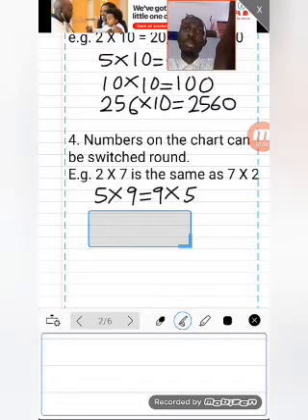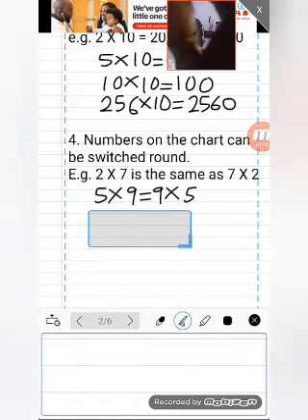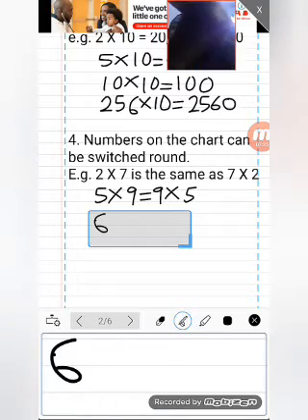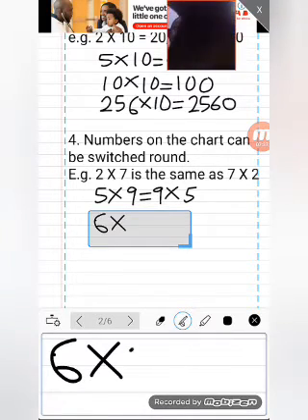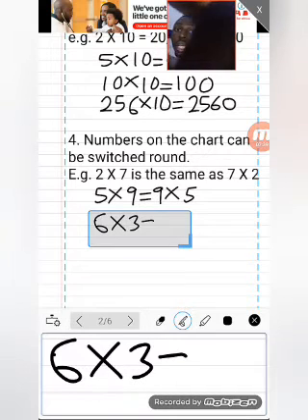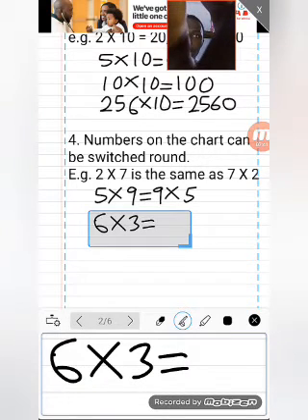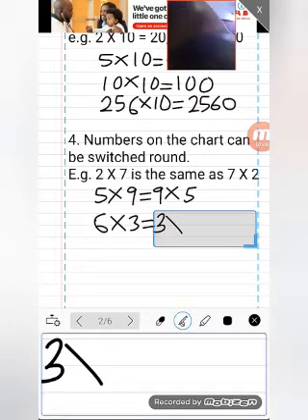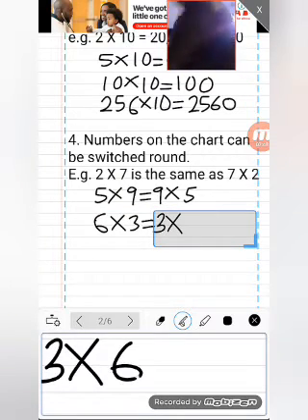As long as they are multiplying, it will still give you the same answer. Let's say 6 multiplied by 3, which is going to be 18, is the same answer as 3 multiplied by 6.